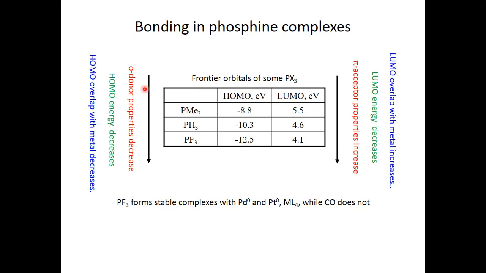So accordingly, the sigma donor properties decrease as we go from the trimethylphosphine to the phosphine to the trifluorophosphine.